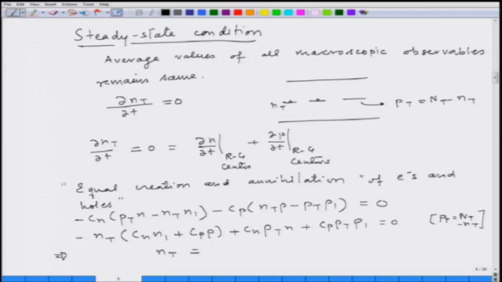The number of trap states which are occupied with electrons is going to be equal to C of n n p t n plus C of p p t p 1, divided by the capture coefficient times n 1 plus the capture coefficient times the whole concentration.